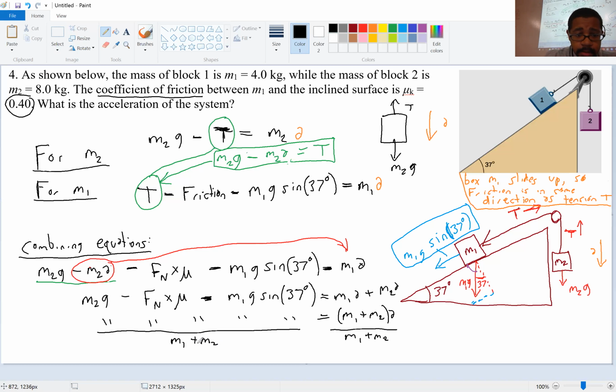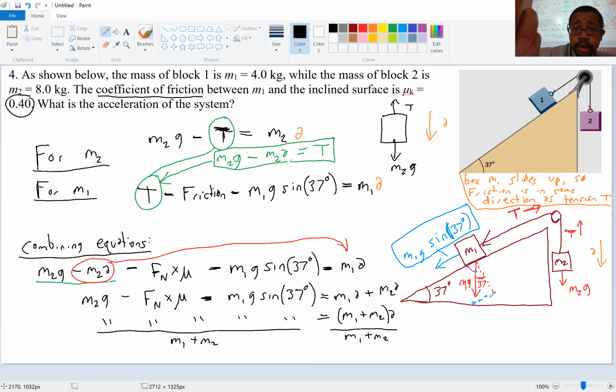All right. Oh, and by the way, the normal force, let me just write over here what that's going to be. That's going to be the cosine here, because it's the force that acts perpendicular to this part.